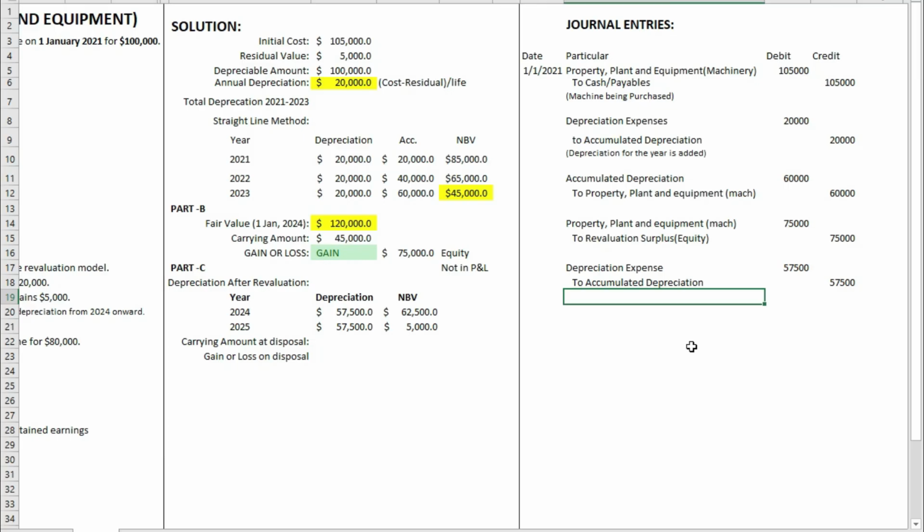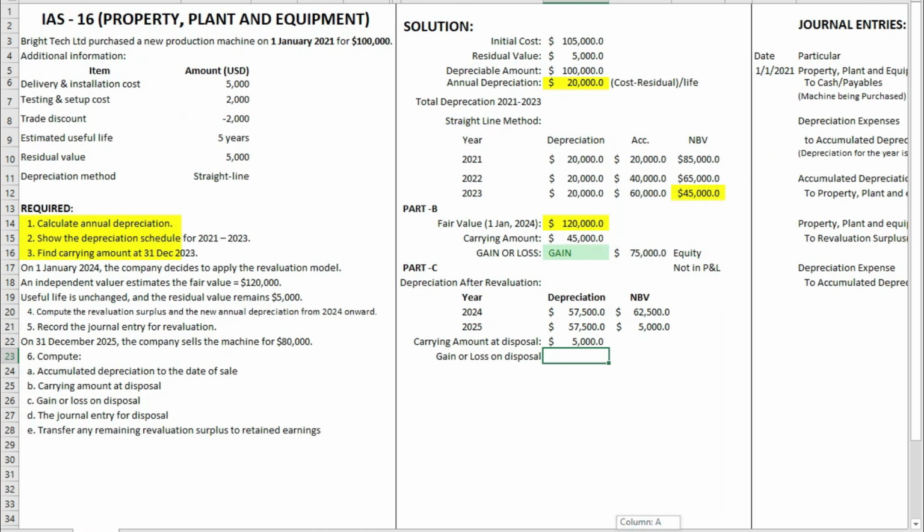Now step 5, it's our carrying amount at disposal. So this is our carrying amount at the disposal, and gain on disposal or loss on disposal. So what was our sale proceeds? Okay, sale proceeds, I can say this time the company sells the machine for 80,000.